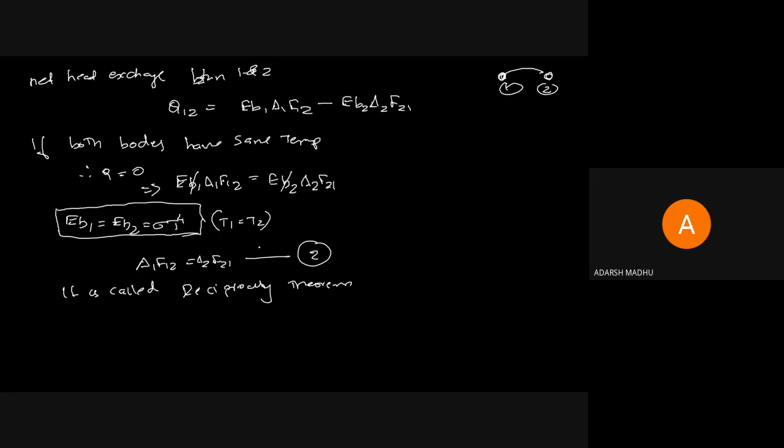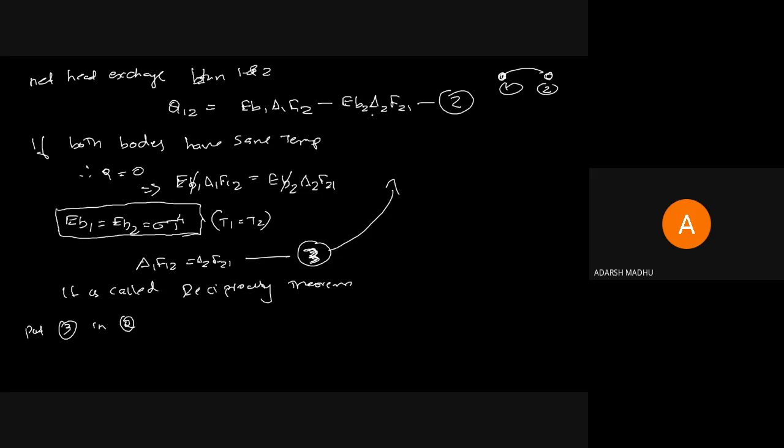Okay, reciprocity theorem. So net heat transfer can be found; under the equal temperature condition, A1 F12 equal to A2 F21, right? So put this as equation 2, and this equation as 3. Q12 equal to EB1 A1 F12 minus EB2 A2 F21. Put 3 in 1, that is A1 F12 equal to A2 F21.